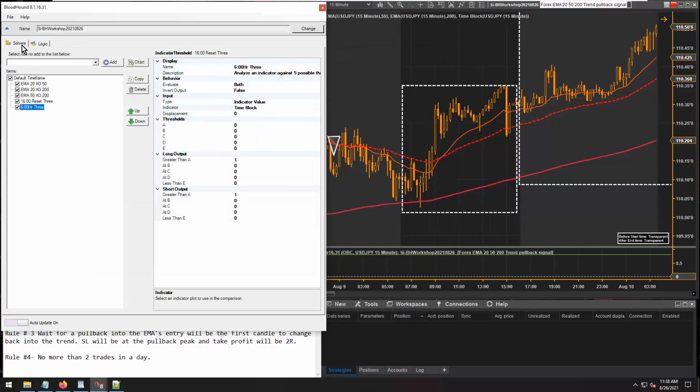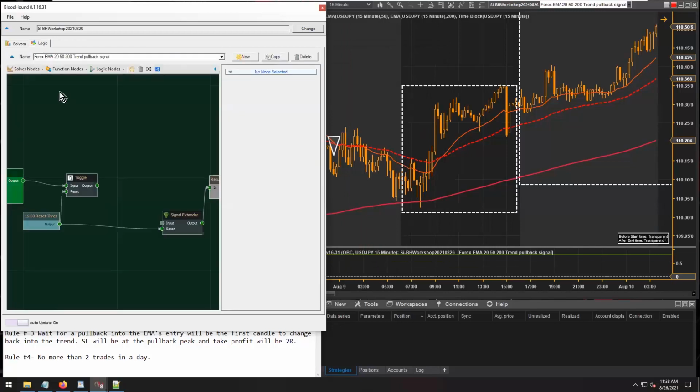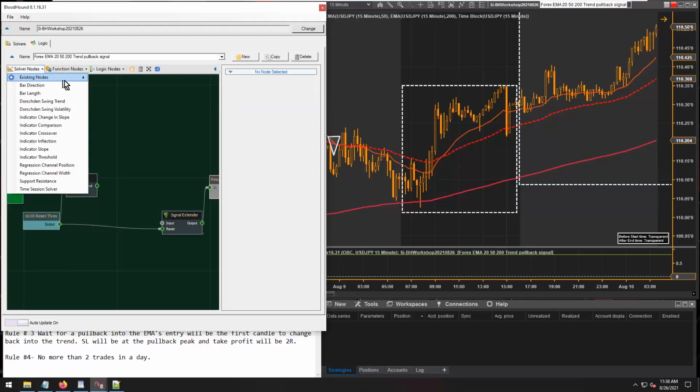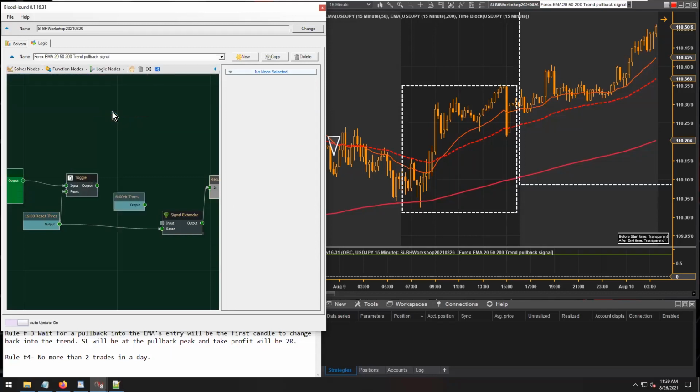All right, so there's our new solver. So let me put this on the board. So we're going to go to the existing nodes, and there's our new threshold solver.